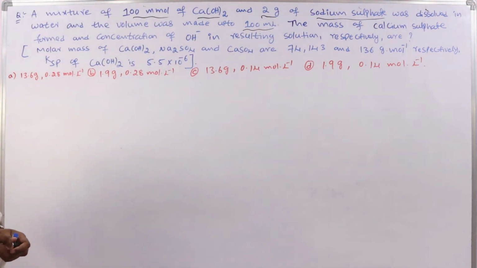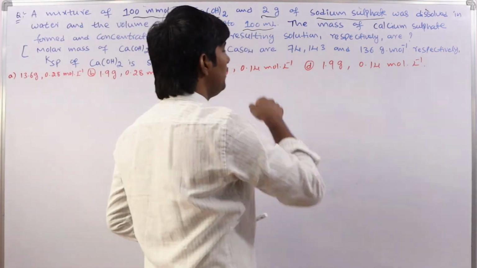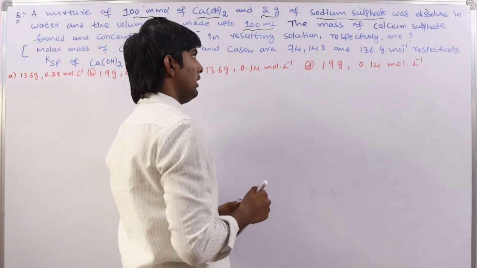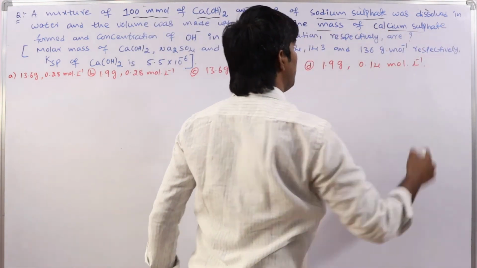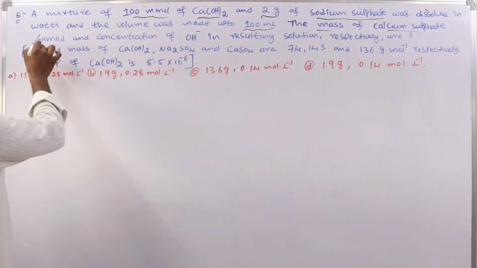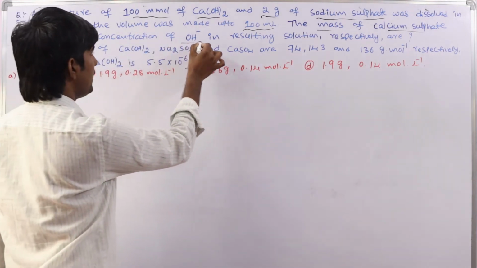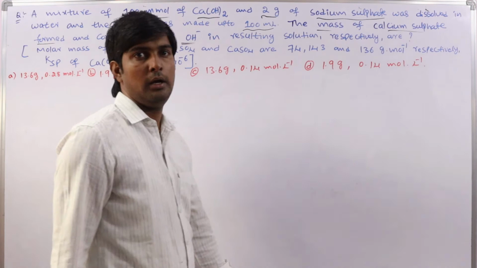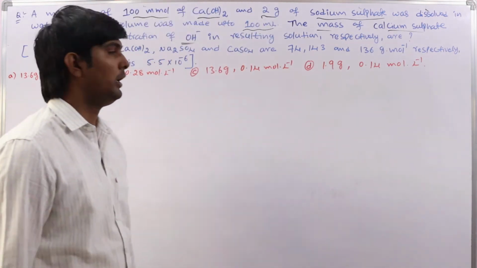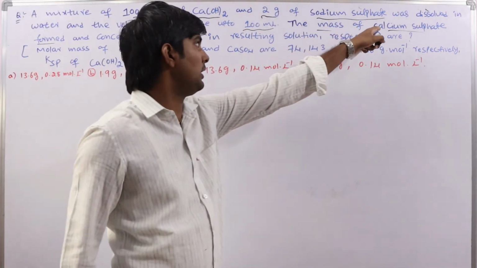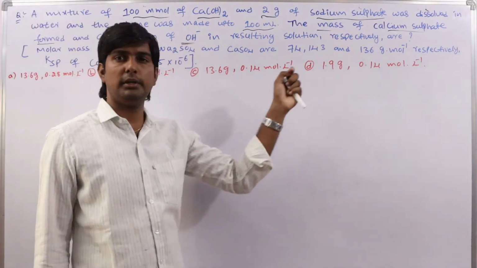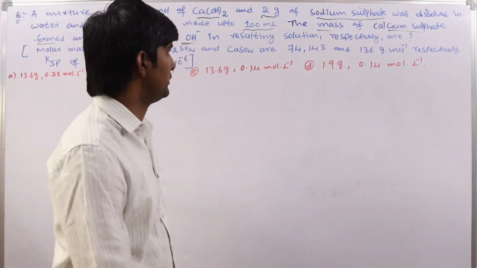After dissolving, total volume of the solution is made up to 100 ml. What is the mass of calcium sulfate formed and the concentration of OH minus ions in the resulting solution? So we have to calculate how many grams of calcium sulfate is formed and what is the concentration of OH minus ions present in the resulting solution.